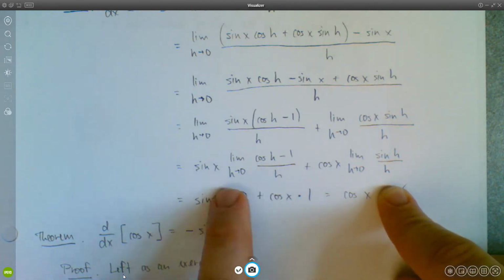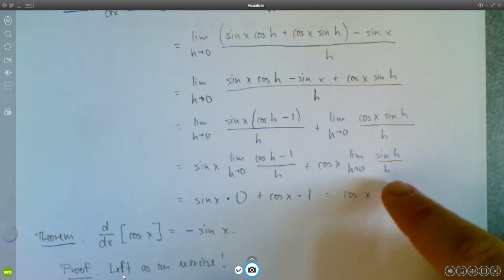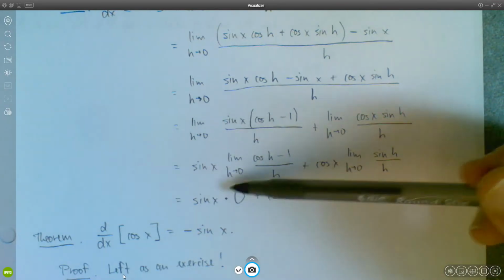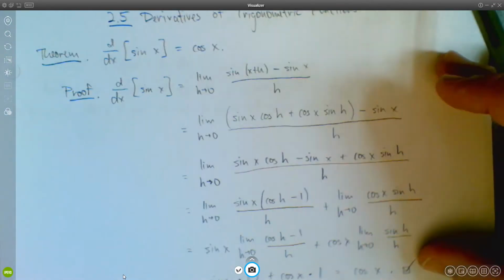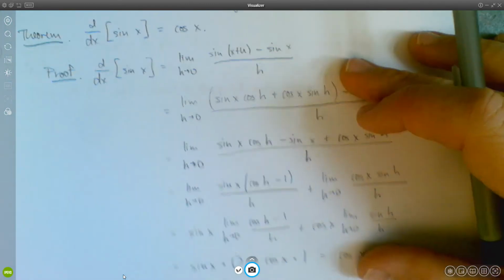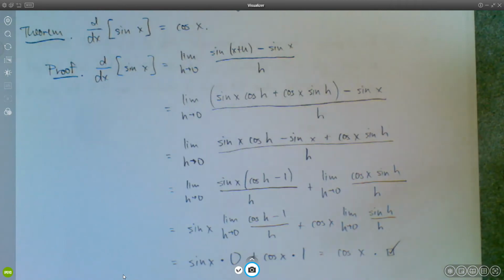The limit as h approaches 0 of this thing is 0. The limit as h approaches 0 of this thing is 1. So it's just sine times 0 plus cosine times 1, and that's just cosine. So skipping from the first step to the last step, the derivative of sine is cosine.